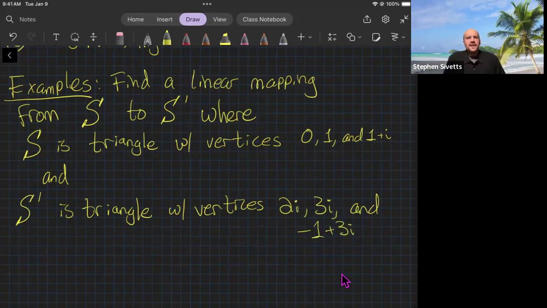So work on this example, and let's see what type of function you'll get.